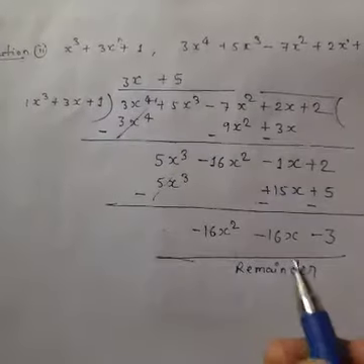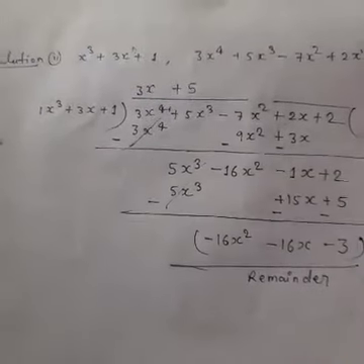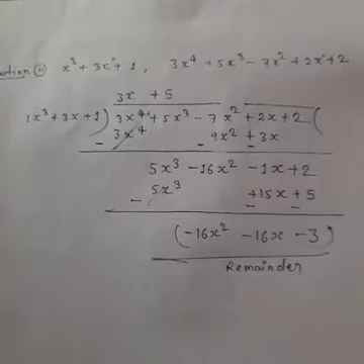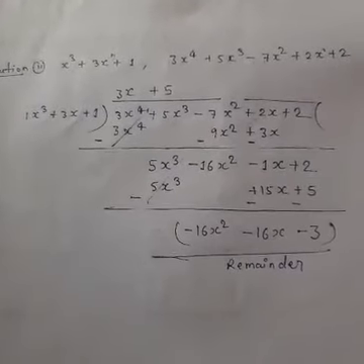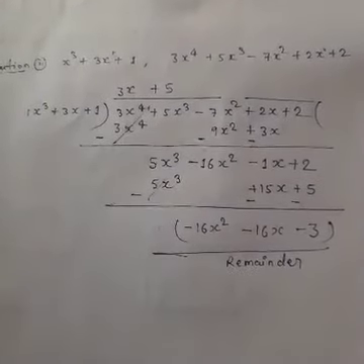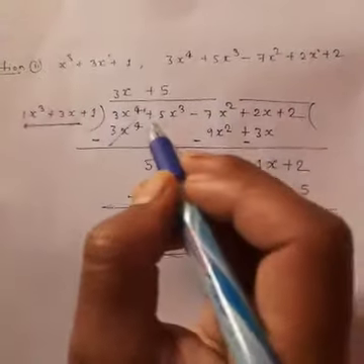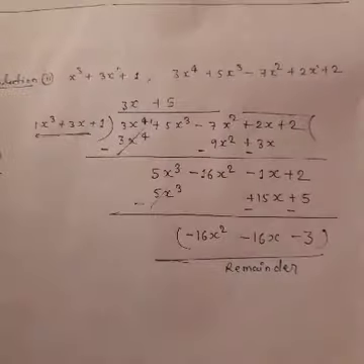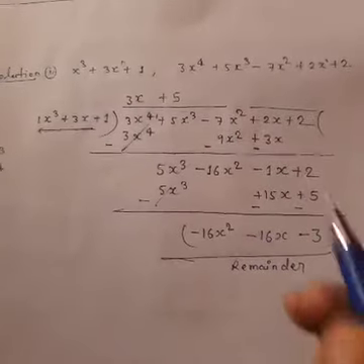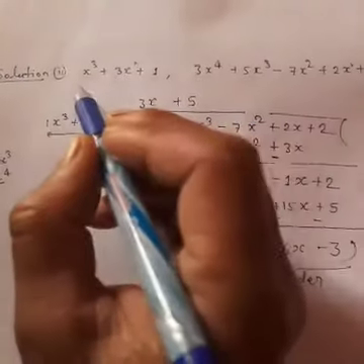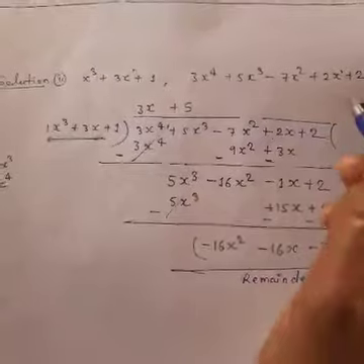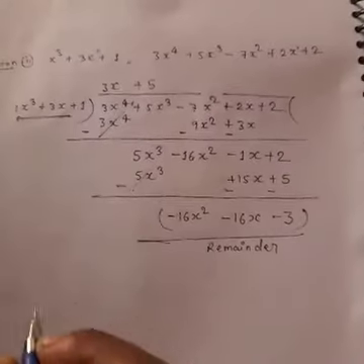So we get some remainder. Whenever we get a remainder, it means the division has not been completed. It means this polynomial is not a factor of the second polynomial. Therefore the first polynomial is not a factor of the second polynomial.